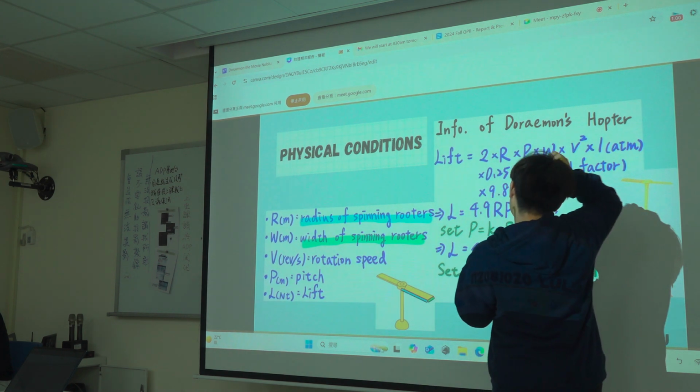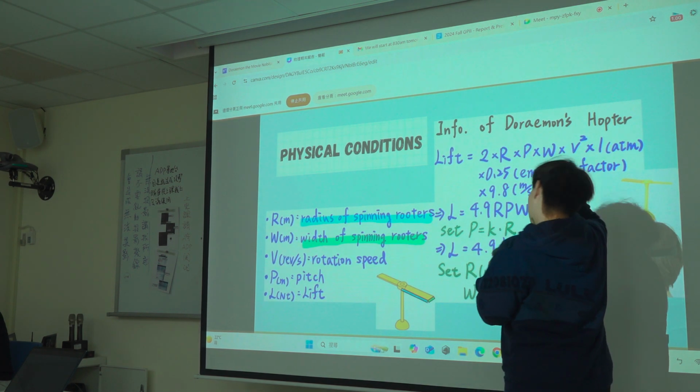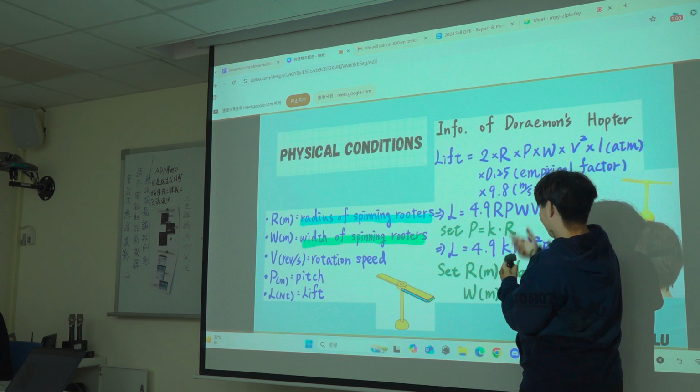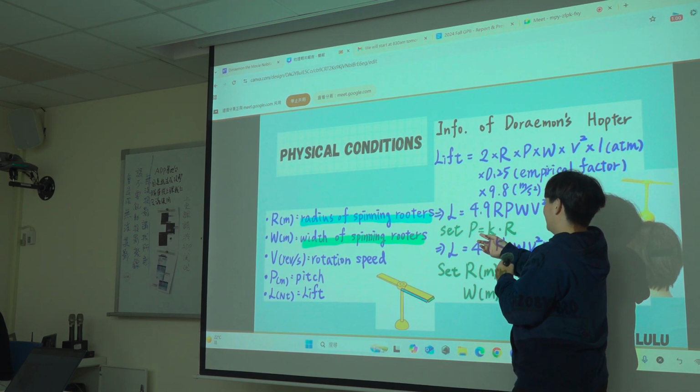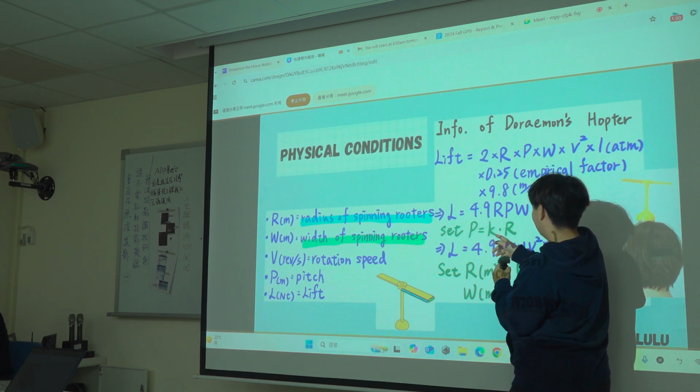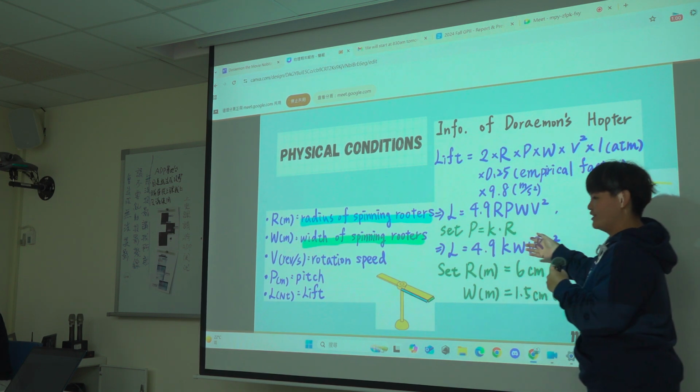Okay, and I found I cannot know what the exact pitch is, so I set K times R for the pitch.